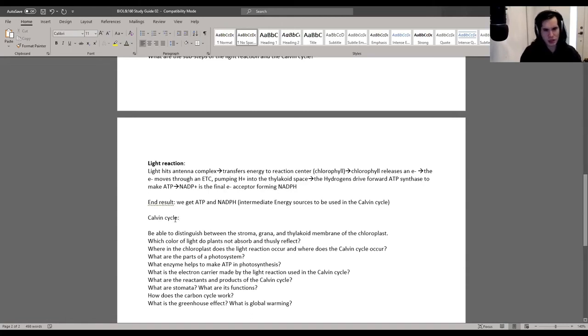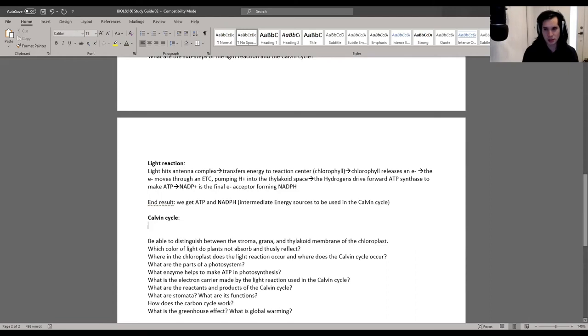Now, for the Calvin cycle, I'm not going to have you remember too much of the specific steps. Kind of like I don't really want you to remember all the steps of the Krebs cycle within cell respiration. But there are some enzymes that I want you to know. For example, in the Calvin cycle, your rate limiting enzyme is Rubisco, which is hypothesized to be one of the most abundant enzymes on Earth.